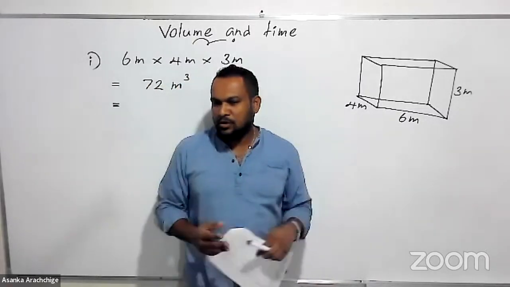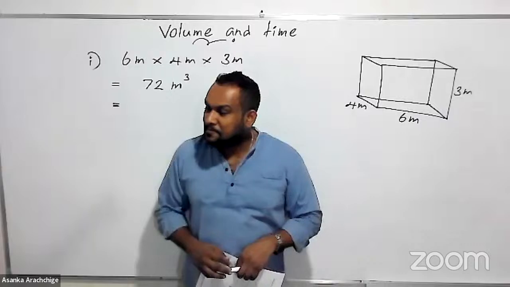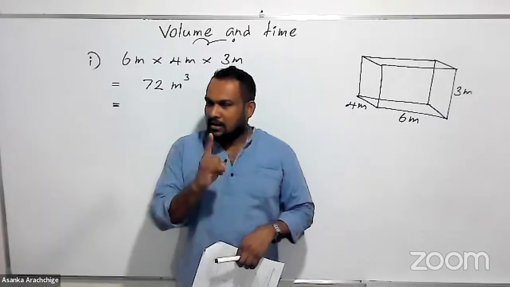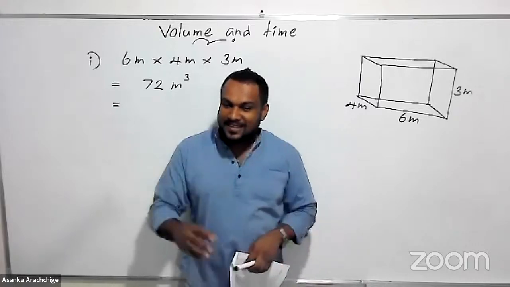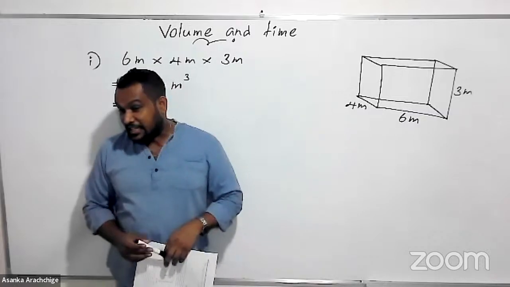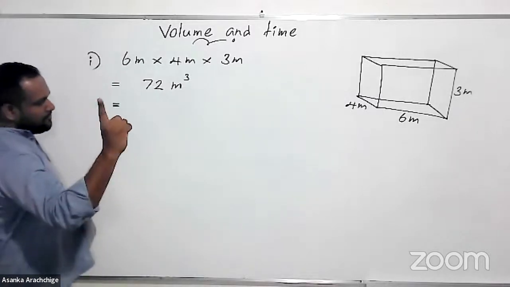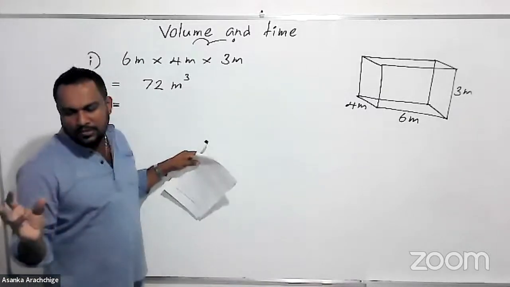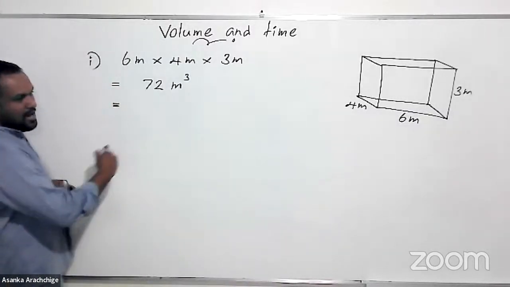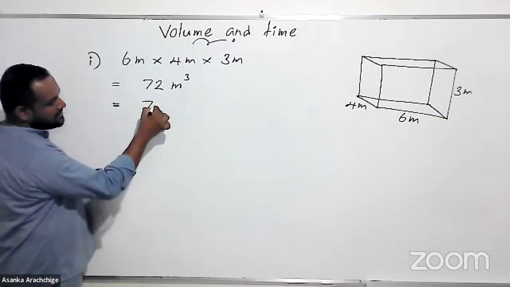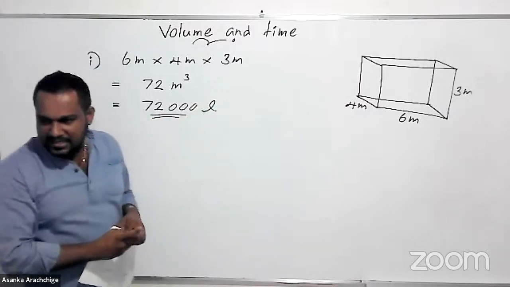What is bigger, 1 cubic meter or 1 liter? 1 cubic meter. So how many liters are there in 1 cubic meter? 1000. Then if 1 cubic meter contains 1000 liters, how many liters are there in 72 cubic meters? Multiply 72 by 1000, that is 72,000 liters. This is the capacity. Take it down.